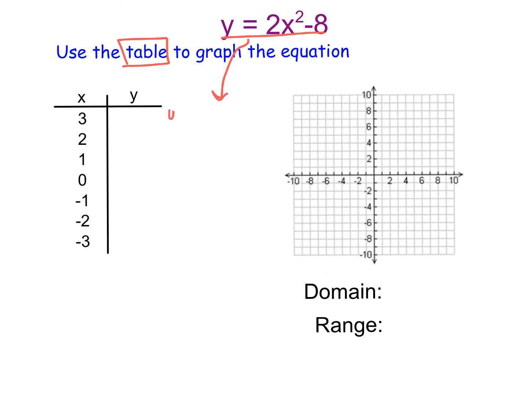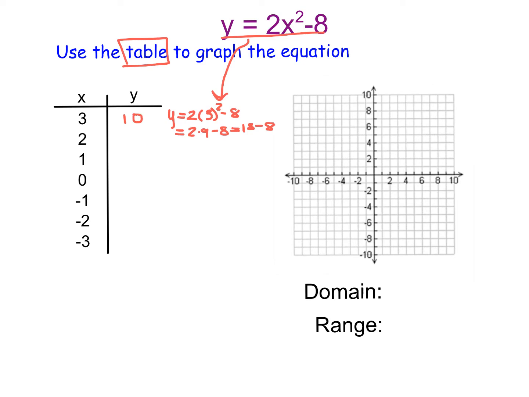So here we can see we have y equals 2 times 3 squared minus 8. So I need to remember my order of operations here. I know that I do my exponent first, so that's going to become 2 times 9 minus 8. I then do my multiplication, so that's 18 minus 8, which my y value becomes 10.